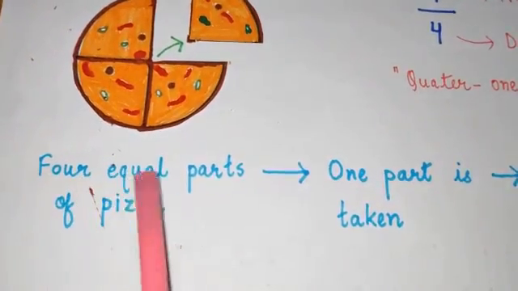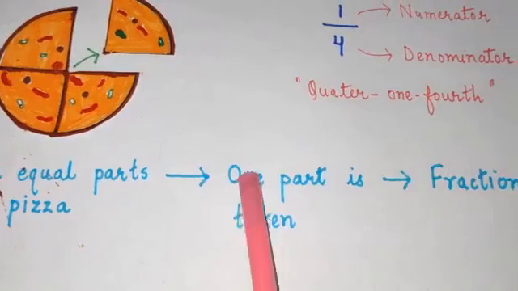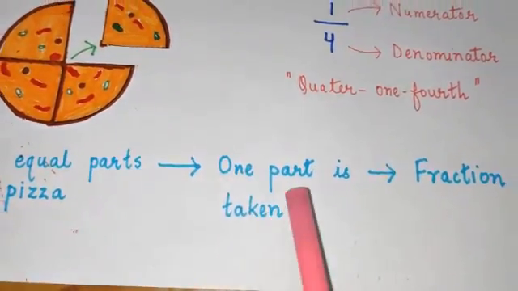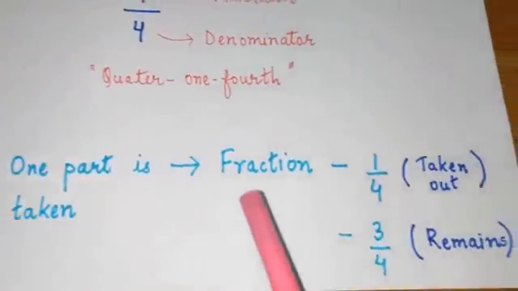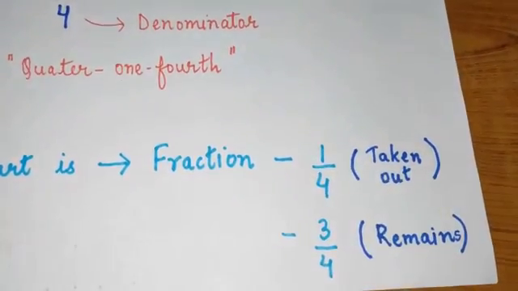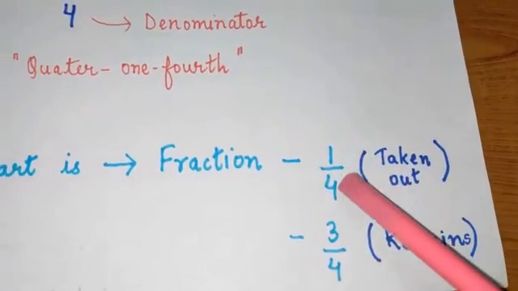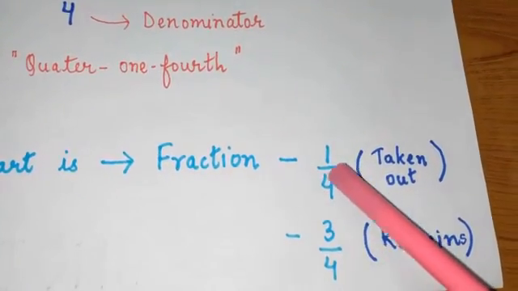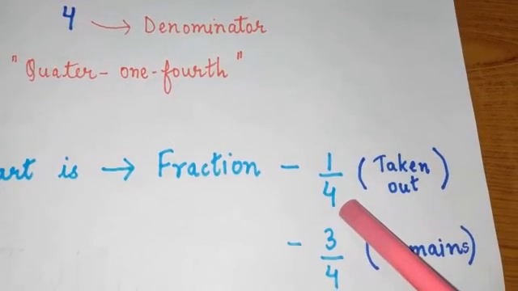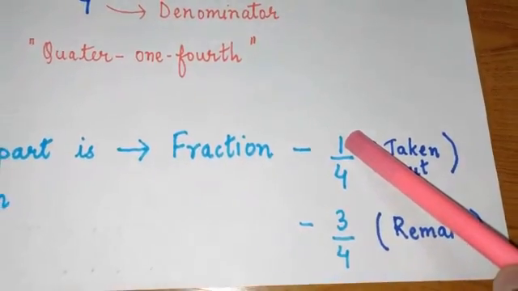See, 4 equal parts of the pizza are there. 1 part is taken or eaten. So the fraction of the part eaten by me or taken out is 1 by 4, since there were 4 parts in total, and I have taken 1 part.